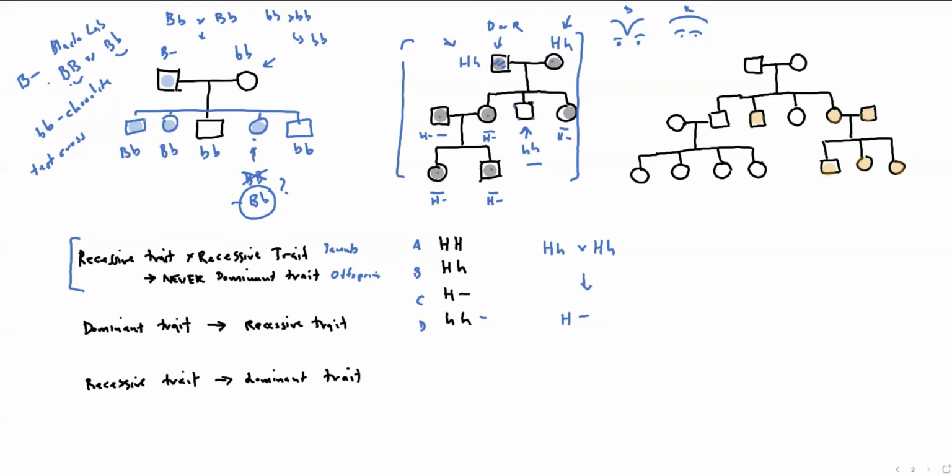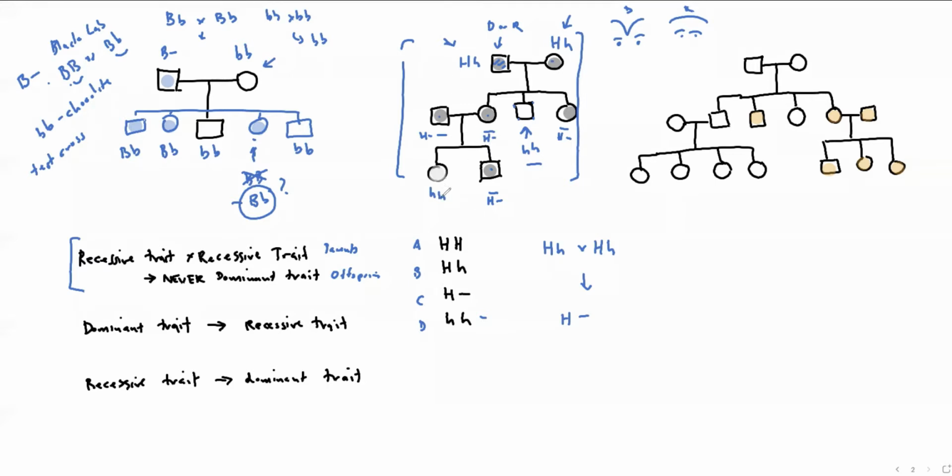Now, let me see if I can do this. If this individual were white, in other words, if we actually had an individual in the offspring that was little h, then we could do the same thing.